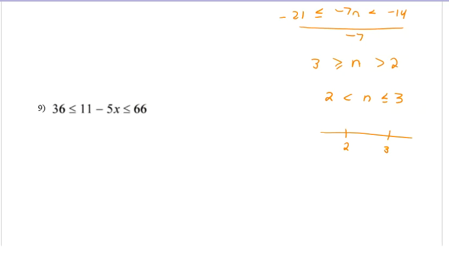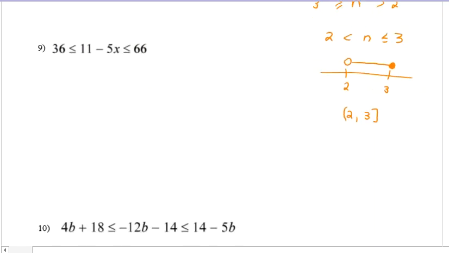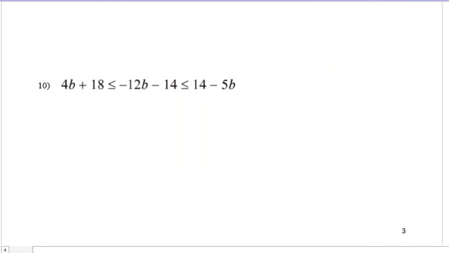I'm going to put an open circle on 2, a closed circle on 3, and all of the values in between. So my interval is going to look like 2 to 3 with a bracket on this one. This one's a parenthesis. Let me just make it 1. There we go. All right, take a minute and try problem 9 and try problem 10.